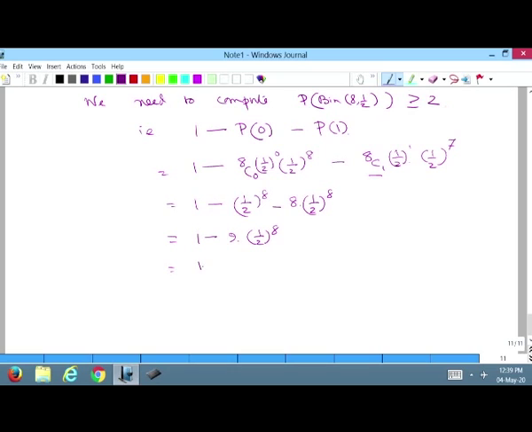is equal to 1 minus 9 times 1 upon 256 is equal to 256 minus 9 upon 256 is equal to 247 upon 256.